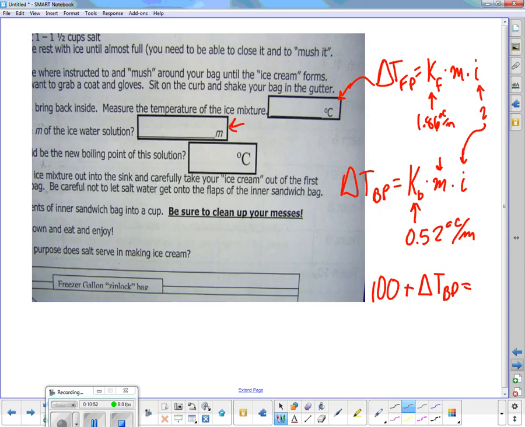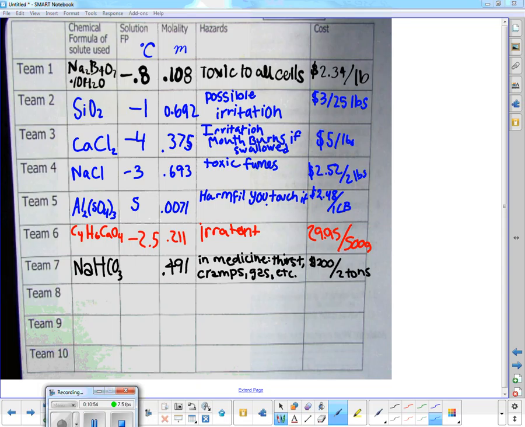Okay? Again, real quick. Okay, so this is everybody's information. I'm going to put it up on the blog. Oh, it looks like Team 7, we need your solution freezing point. No, that's your freezing point you got in lab. Yeah, what's your freezing point you got in lab? The last one. Okay, and this would be a 0 point. Anytime you have a decimal, make sure you put a 0 in front of it.